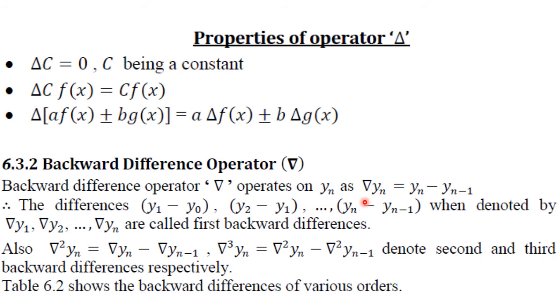The important thing is that you are going from the bottom to the top. In the case of the forward difference operator, you consider from the top to the bottom, but in this case you consider from the bottom to the top. So let's move to the next slide to see the table.